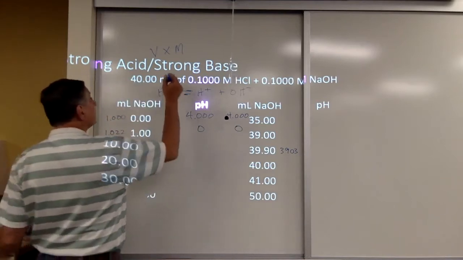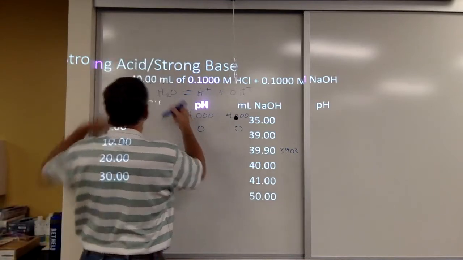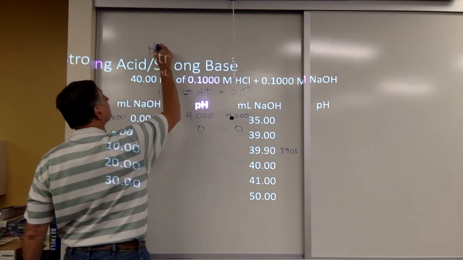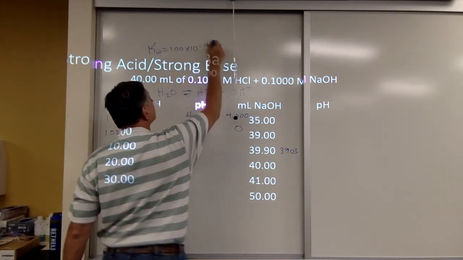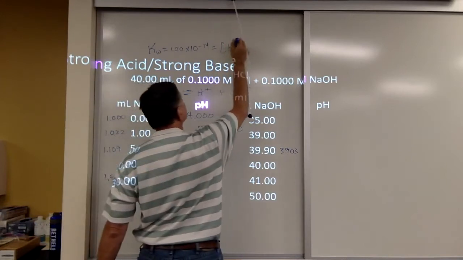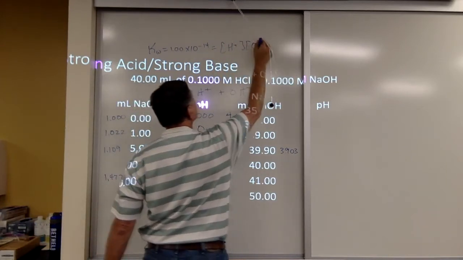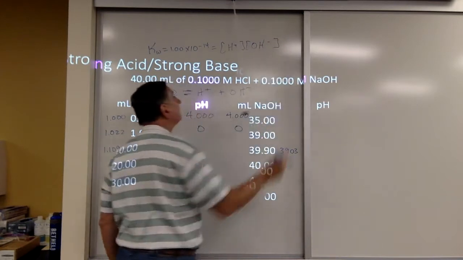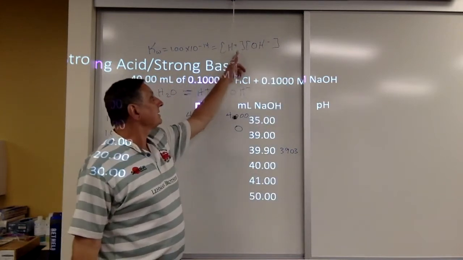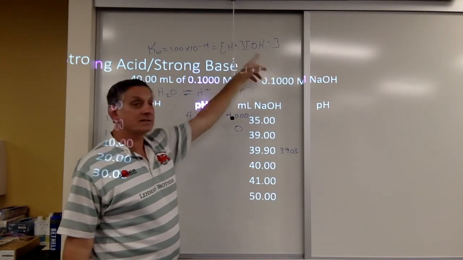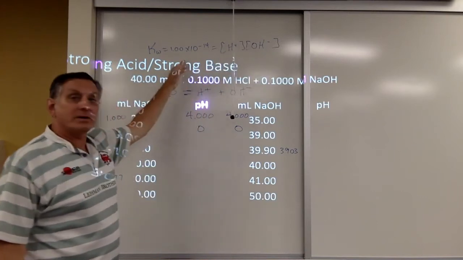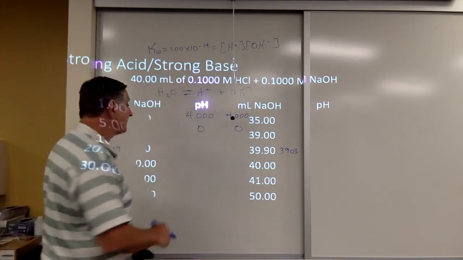And if they're exactly the same, if this is x and this is x, the right side is x squared, and x is 1.00 times 10 to the minus 7.